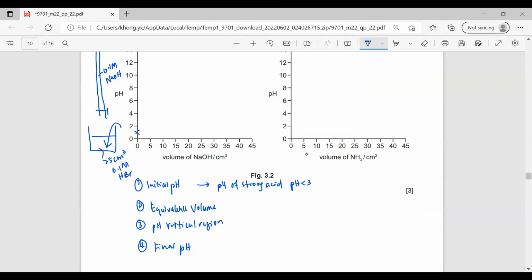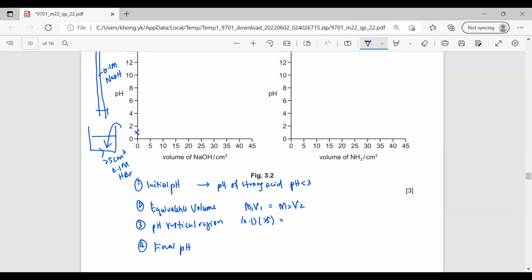And to find the equivalence volume is telling us how much volume of NaOH should be added to completely neutralize the HBr. So to find the equivalence volume, I will use the formula M1V1 equals M2V2. The M1 will be the concentration of HBr, which is 0.1, and the volume is 25.